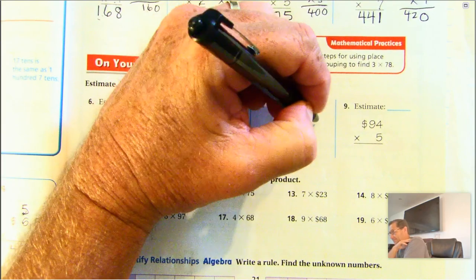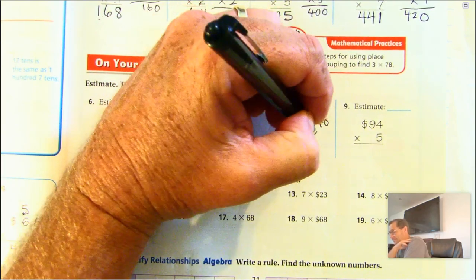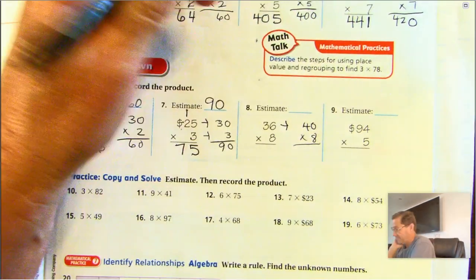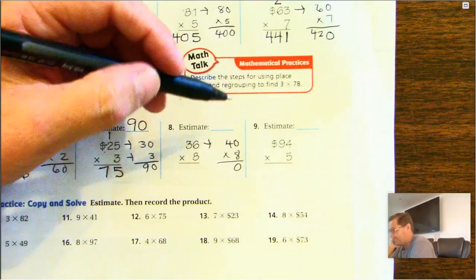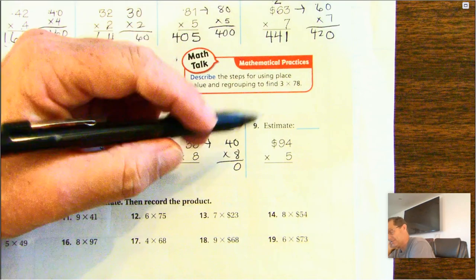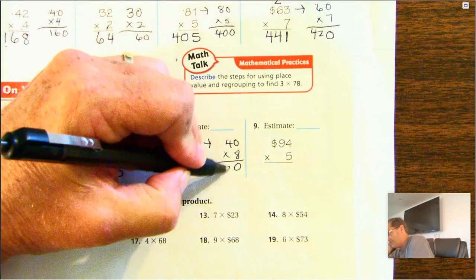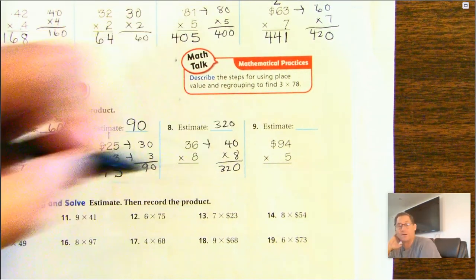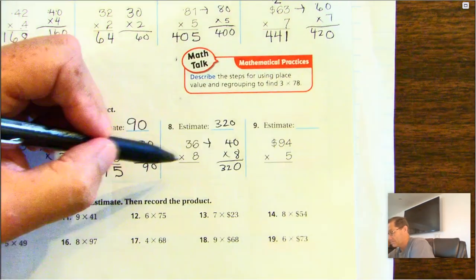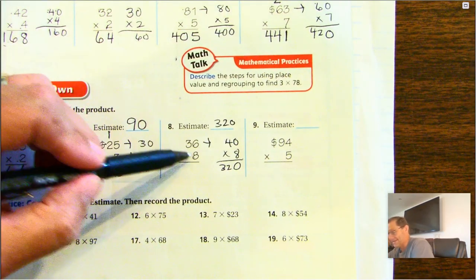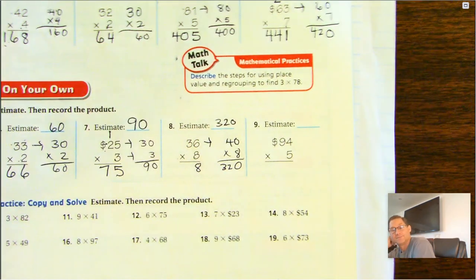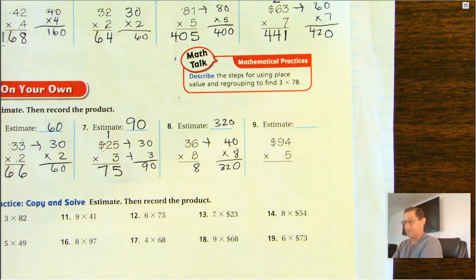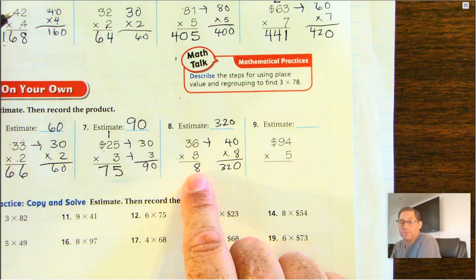Okay, number 8, we're going to round 36 to 40. So we have 8 sets of 40. 8 sets of 4 tens would be 32 tens or 320. Let's multiply the ones. We have 8 sets of 6 ones, 48 ones. We can't put 48 ones in the ones column, right?